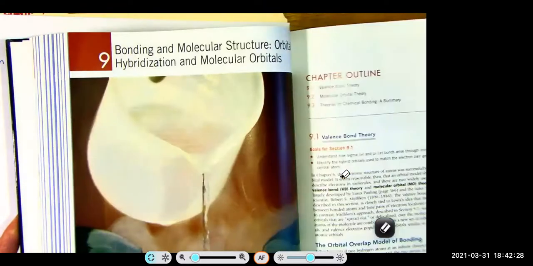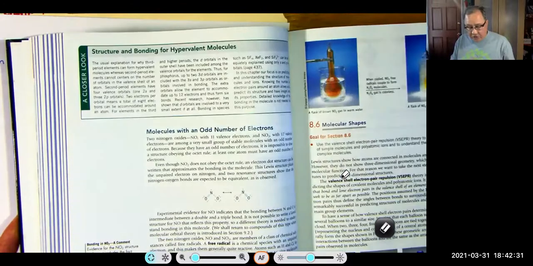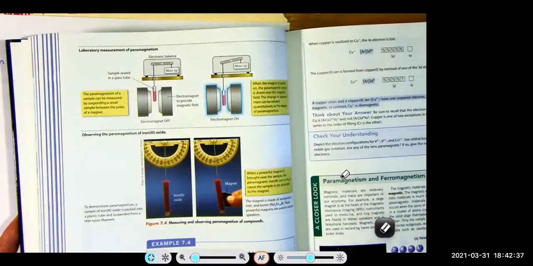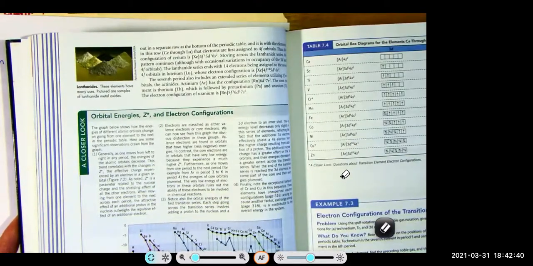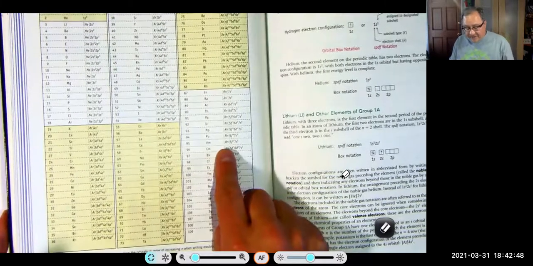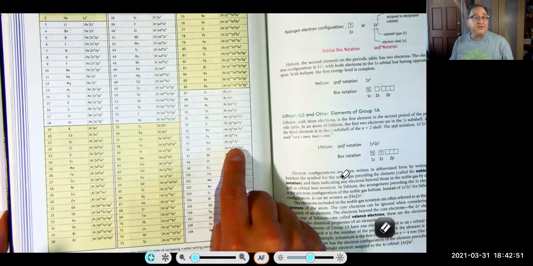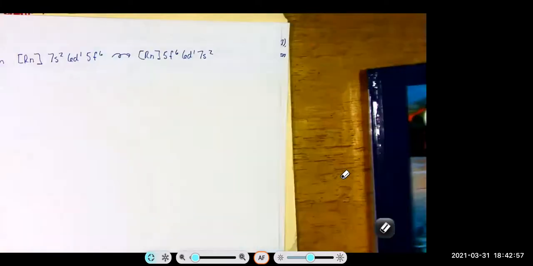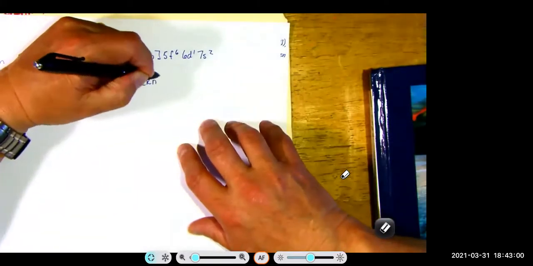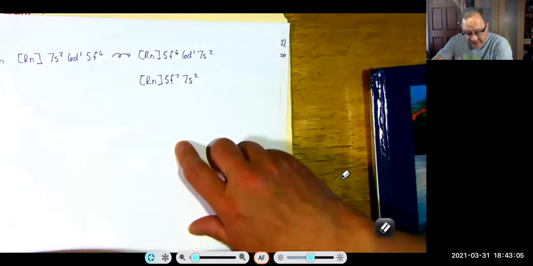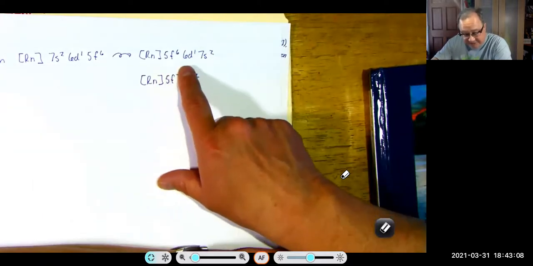Right. So it turns out that our book actually shows you all of the answers. You can check to make sure you have the right number of electrons, but we're looking at number 95, and look at what it says. 5f7, 7s2, not 5f6, 6d1, 7s2.